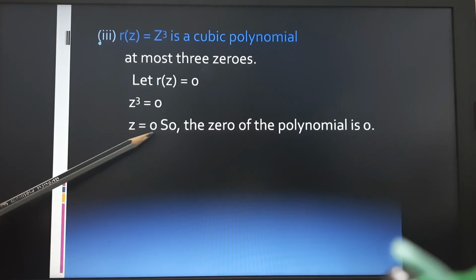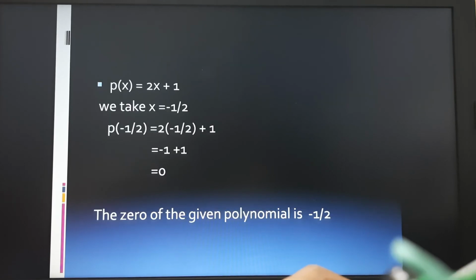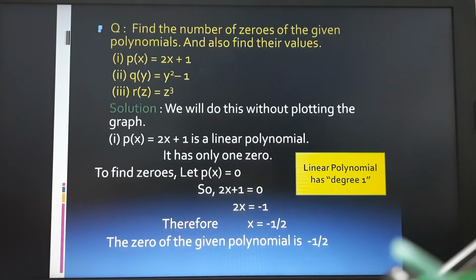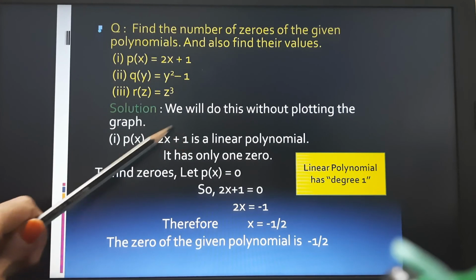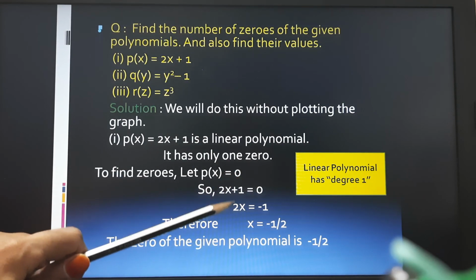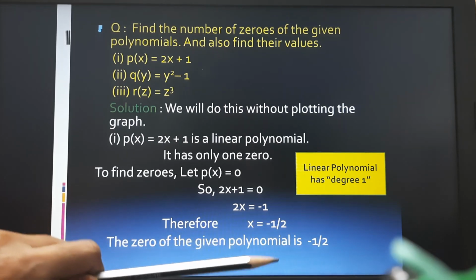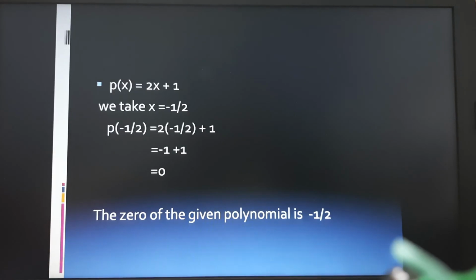So z is equal to 0. Once again I am repeating, we have equated the given polynomial to 0 and got the value for the variable, and that value is the zero of the polynomial.